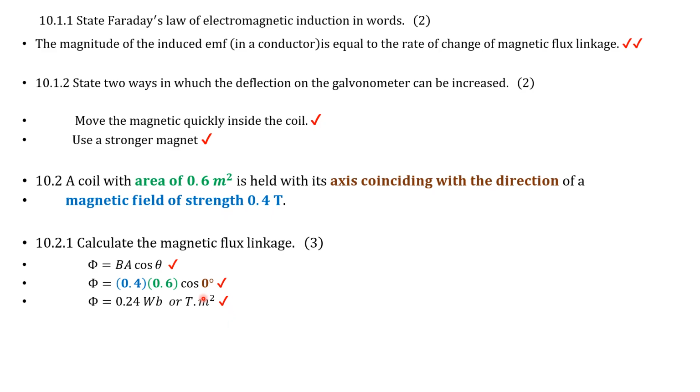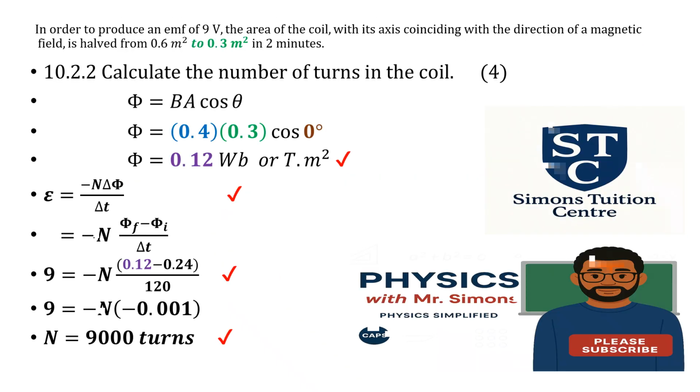The next question is normally related to what we found already in the first one. In order to produce an EMF of 9 volts, I assume you remember EMF stands for electromotive force, the area of a coil with its axis coinciding with the direction of a magnetic field is halved from 0.6 to 0.3. So they want us to calculate the number of turns.